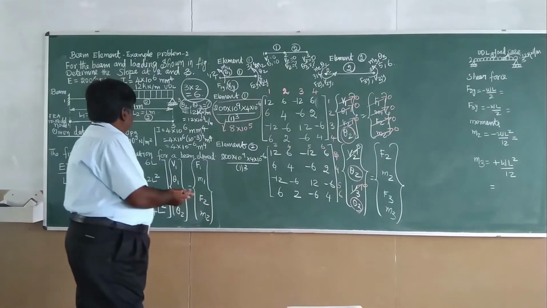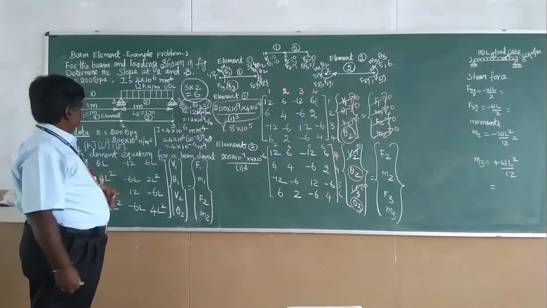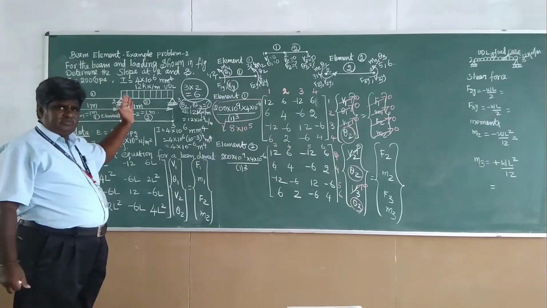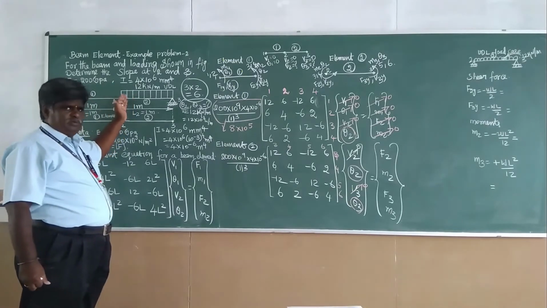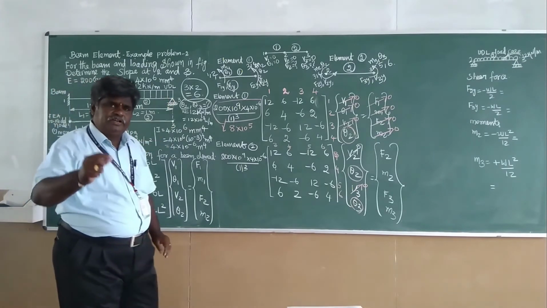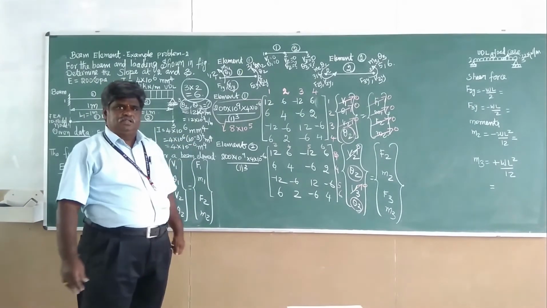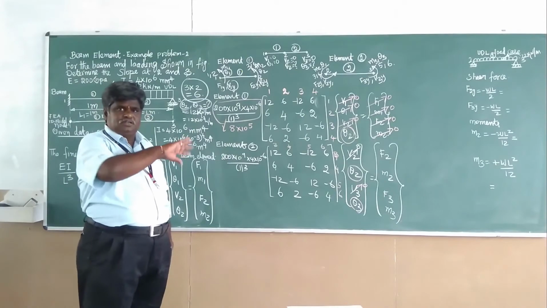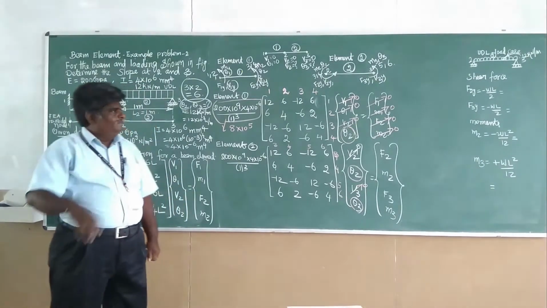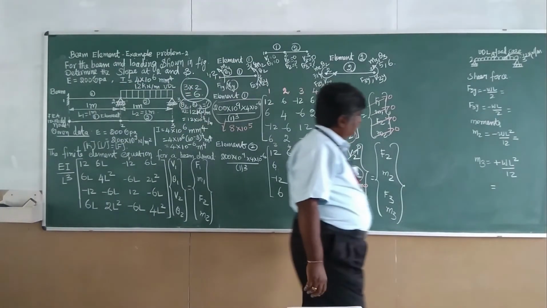Due to the uniformly distributed load, nodal point 2 and nodal point 3 will both have shear force and bending moment. You have studied strength of materials, so based on this load condition you have to recall your direct formulas. We have to calculate the shear force and bending moment.